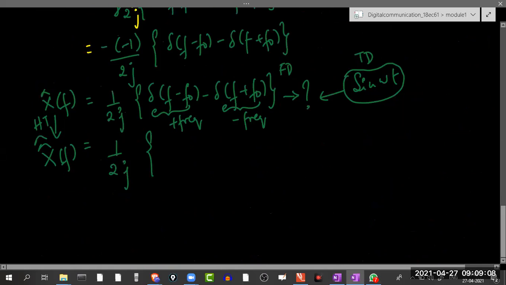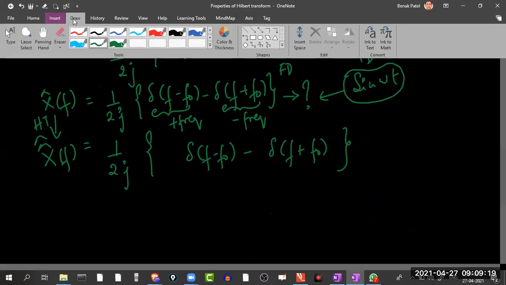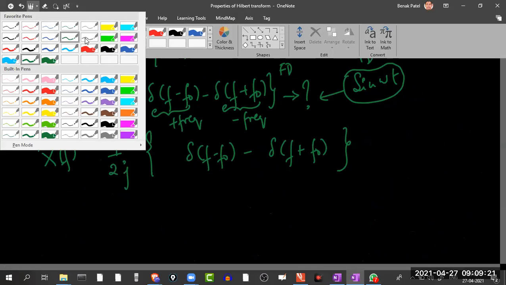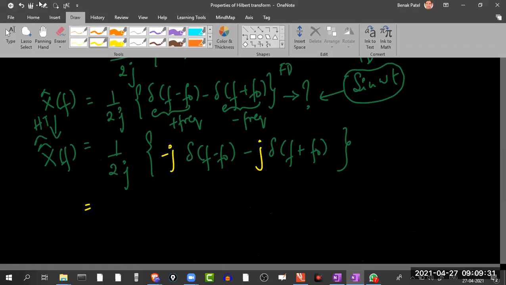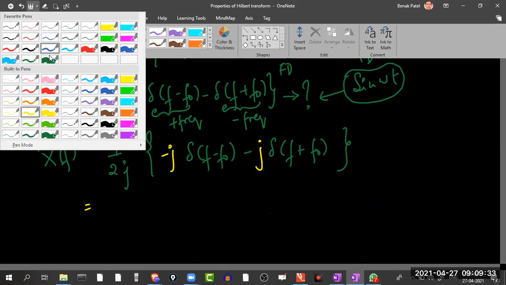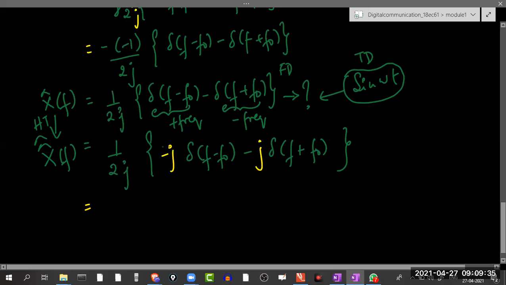So again, I'll associate negative j over here and here positive j, such that now I can take out negative j, which is common for both the terms, outside.